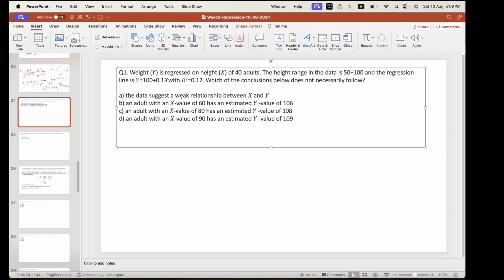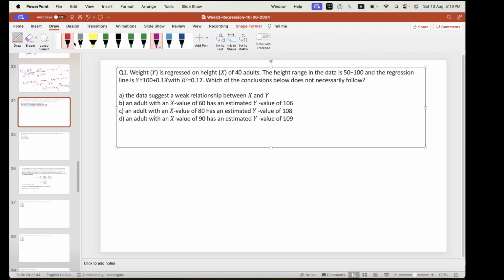Okay, and this r square also sort of depends context wise. In some applications, maybe r square greater than 80 could be my cutoff, but in some applications maybe r square greater than 60 is good enough. Alright, so based on these observations, we can say that option A doesn't necessarily follow.